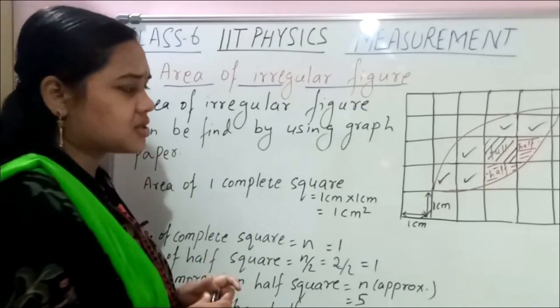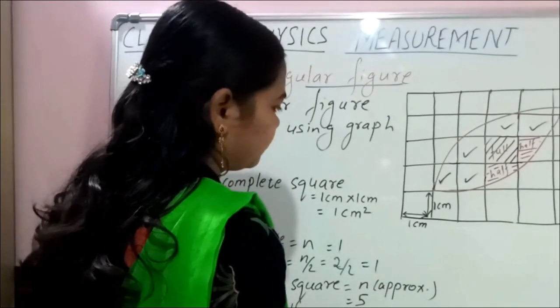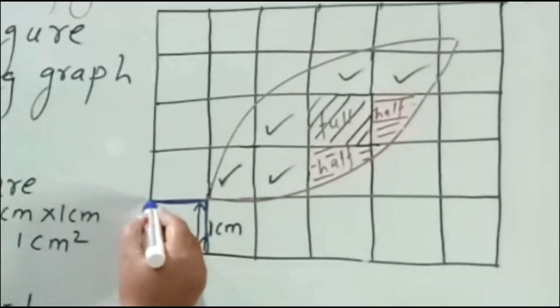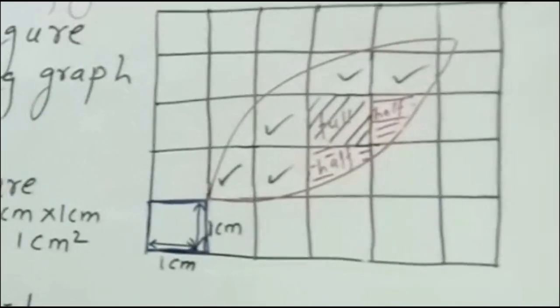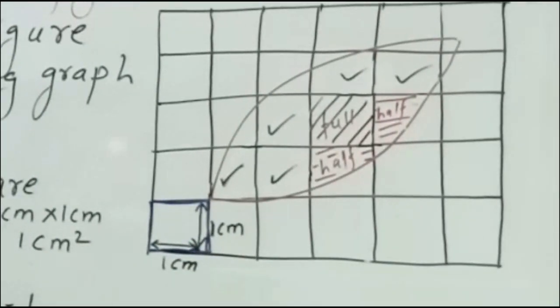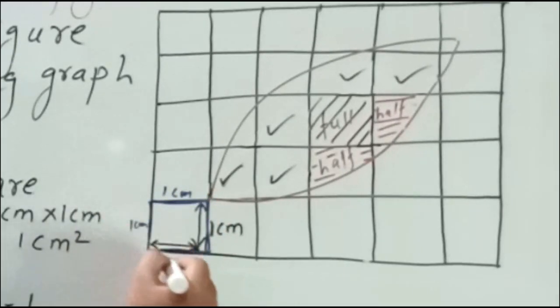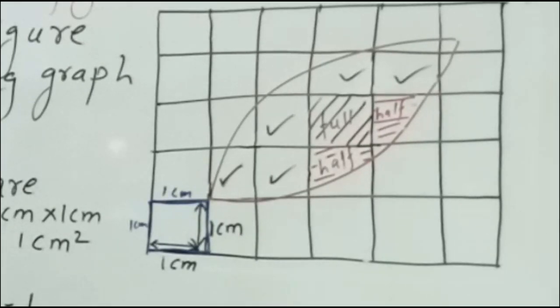Consider one square box and check the dimension by use of a scale. You will see every side is 1 centimeter. That is in the shape of a square, so all sides are equal.